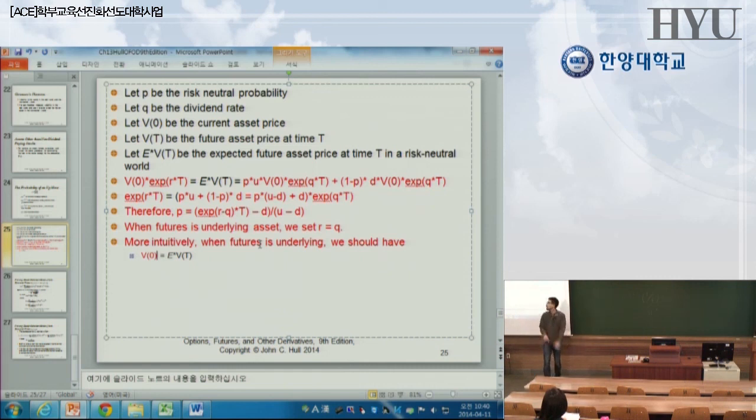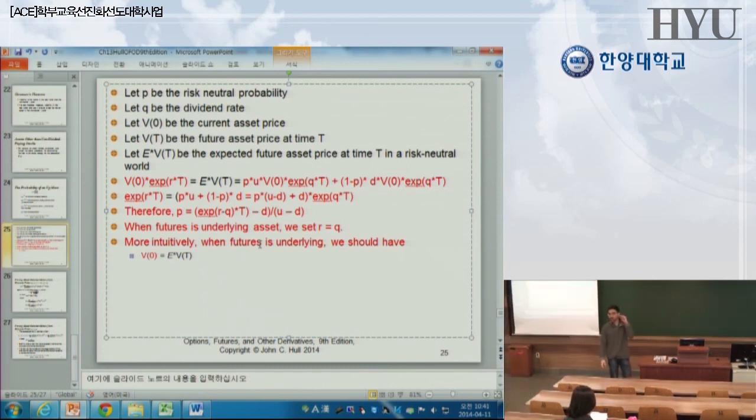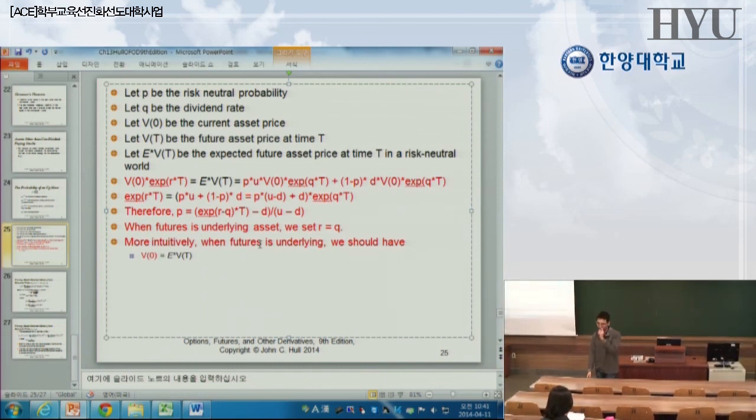So that doesn't make sense. Likewise, the reverse does not make sense either. I don't want to pay more than the expected value in the risk neutral world, because again I care only about expected price. Therefore, I have no reason to pay more than the expected price as a futures price, right? Since everyone is risk neutral, these two should be exactly the same.